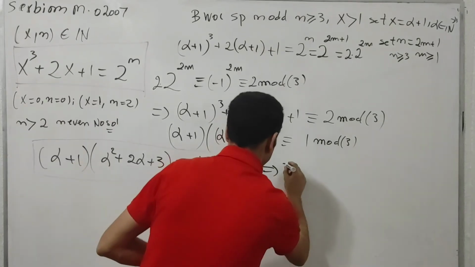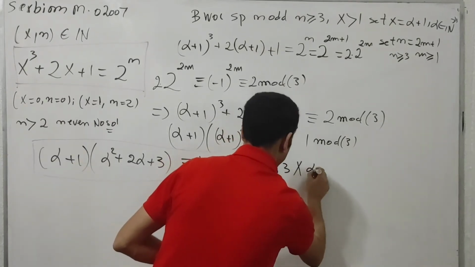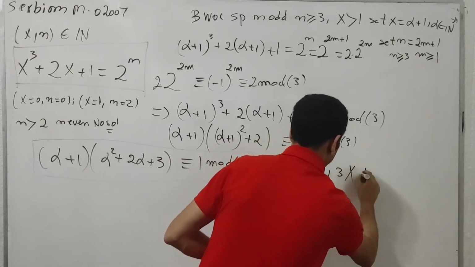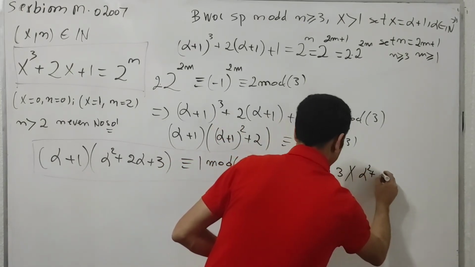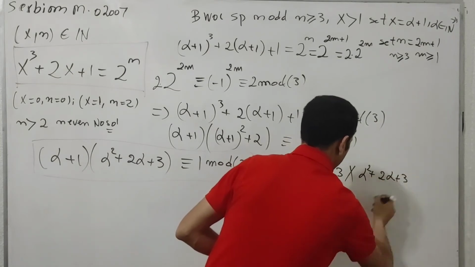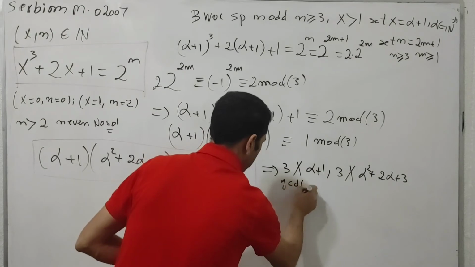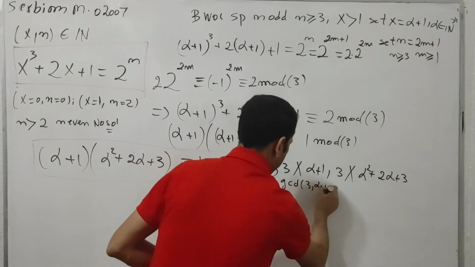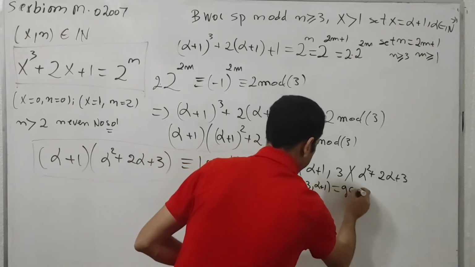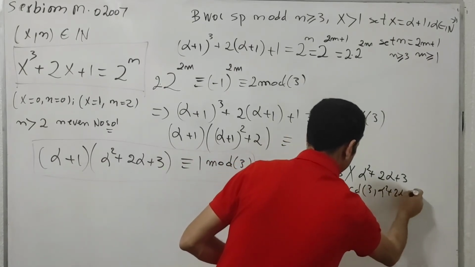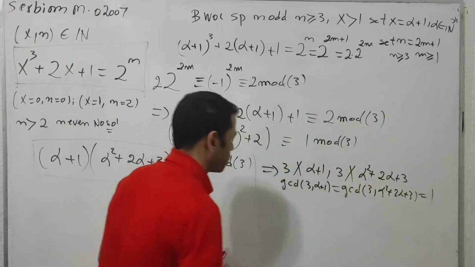So 3 does not divide alpha plus 1 and 3 does not divide alpha squared plus 2 alpha plus 3. In other words, GCD of 3 and alpha plus 1 equals GCD of 3 and alpha squared plus 2 alpha plus 3, equals 1.